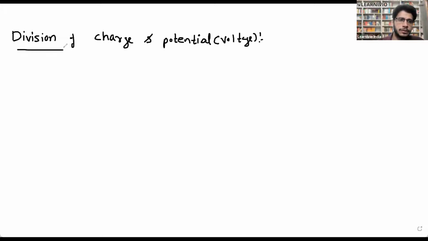This division of charge and voltage is not directly given in NCERT, but to decide whether given capacitors or resistors are connected in series or in parallel, you should know this division. On the basis of these divisions, you can decide whether a given system is in series or in parallel. So let's first start with division of charge.